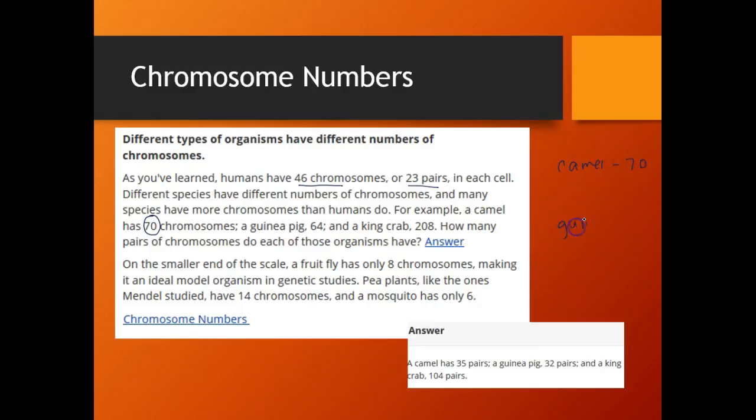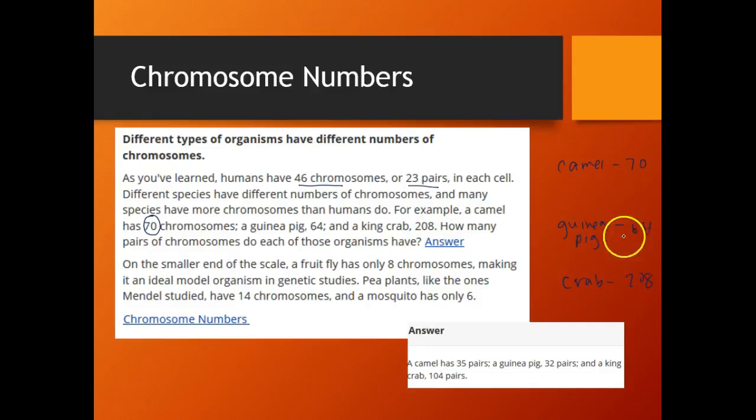A guinea pig has 64, and a king crab has 208. So clearly, all of these have more chromosomes than a human does.